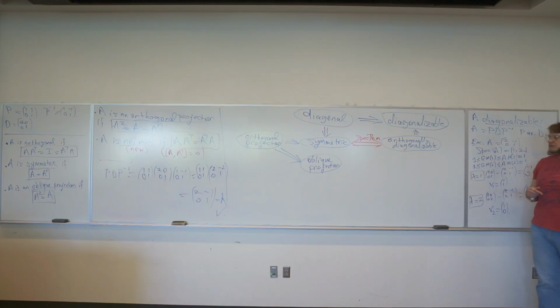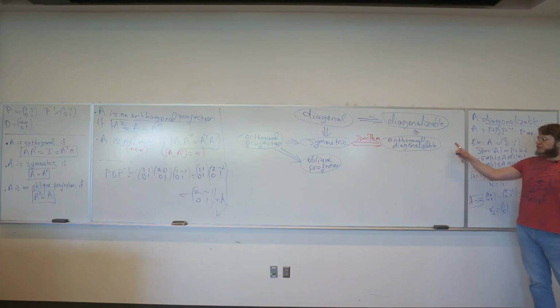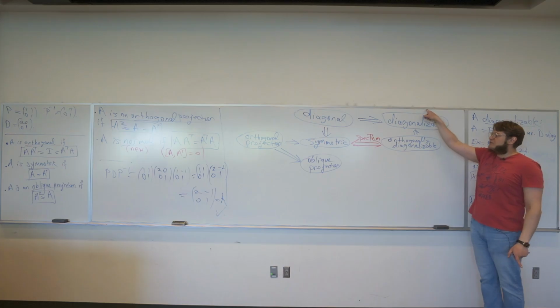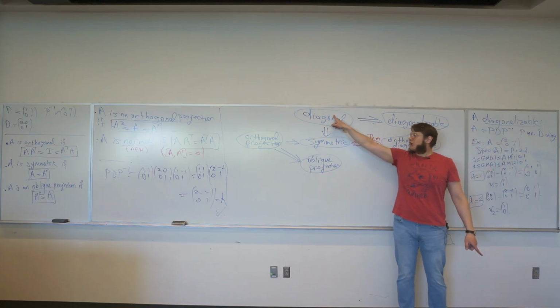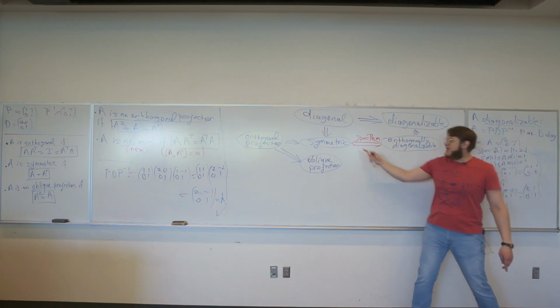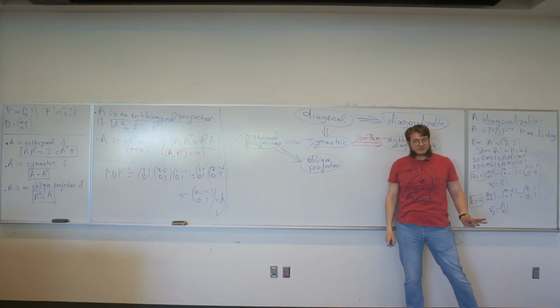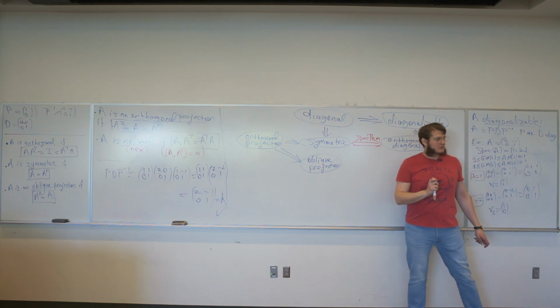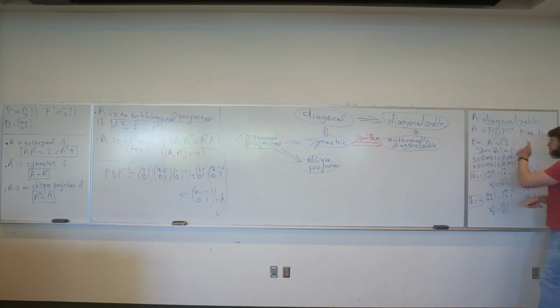So for instance, this is an example of a matrix that is diagonalizable, not diagonal, also not orthogonally diagonalizable. That's by way of the spectral theorem. The spectral theorem says orthogonally diagonalizable is the same thing as symmetric. And certainly this matrix is not symmetric.